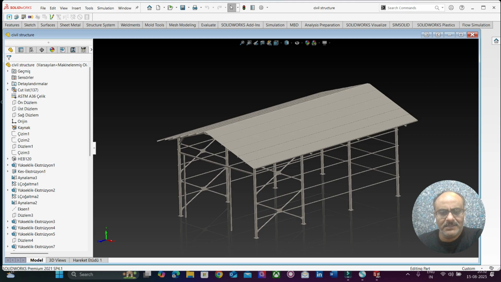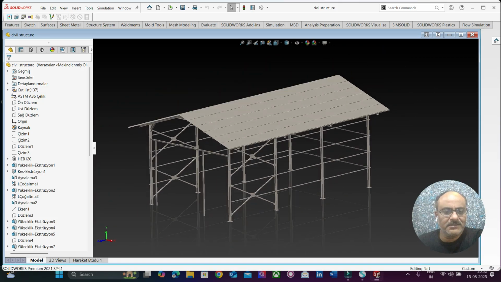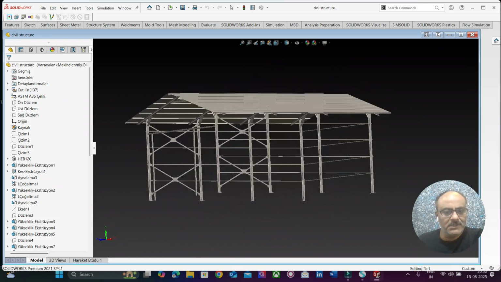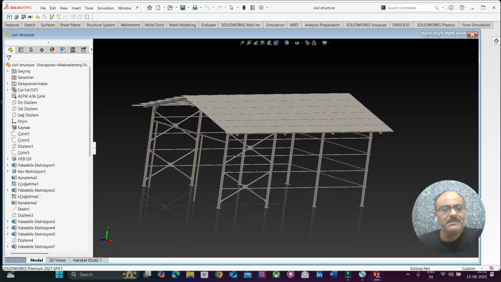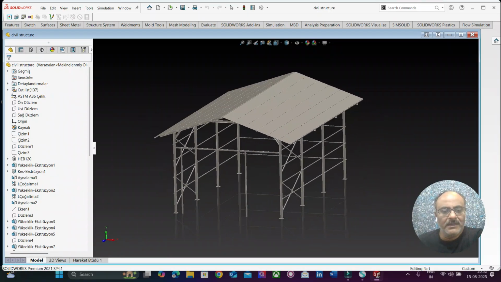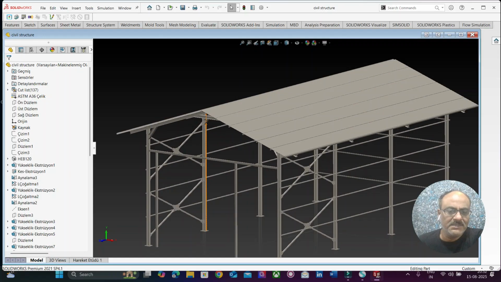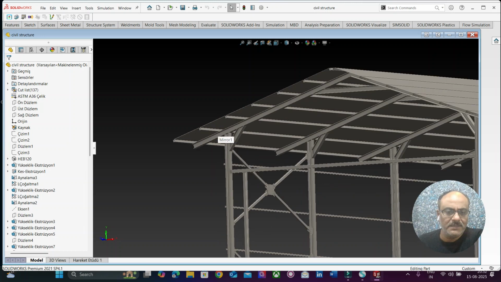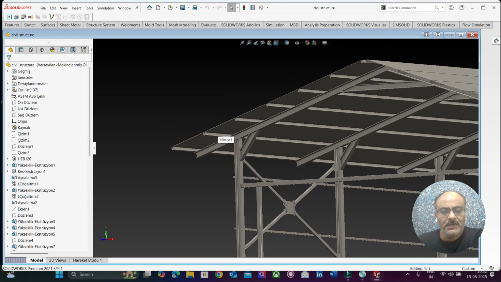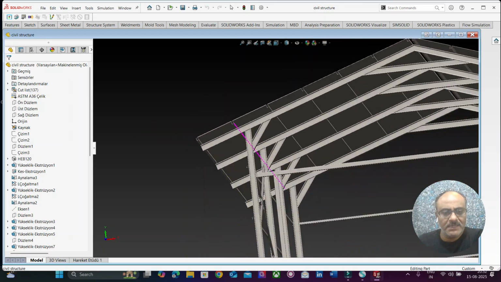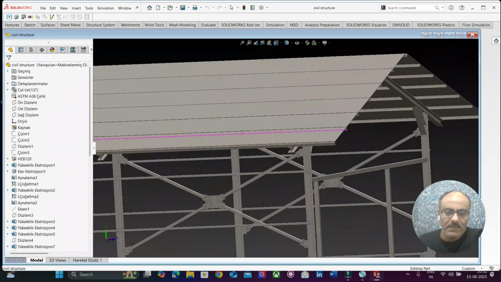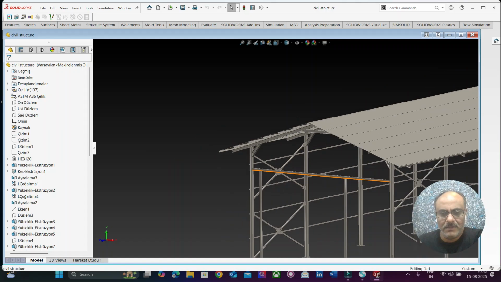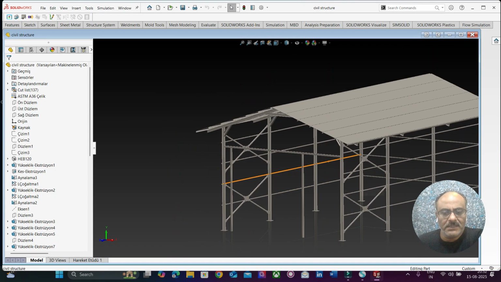It's an industrial structure, modeled using a three-dimensional CAD system, and we have designed it with members available in the standards, and we have designed it for a specific purpose.